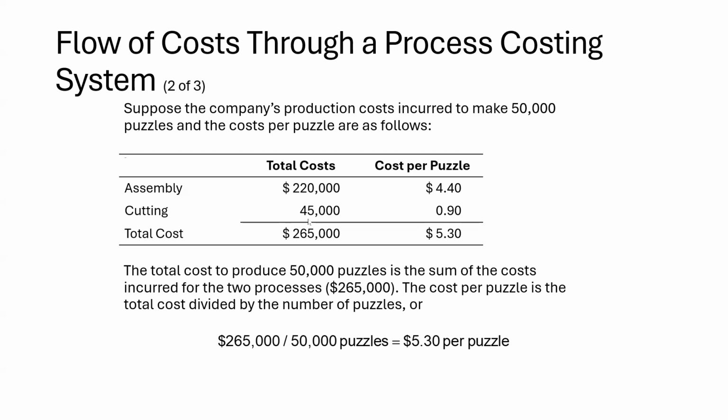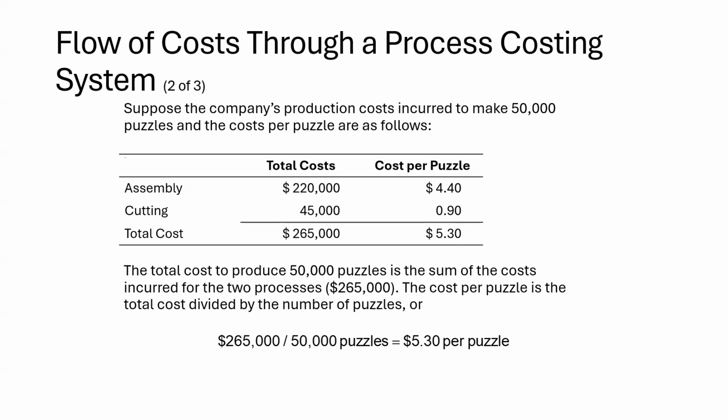Total cost is $45,000, and the cost per puzzle is 90 cents. And then line 3, you have the total cost for both assembly and cutting. Total cost is $265,000, whereas the cost per puzzle is $5.30.